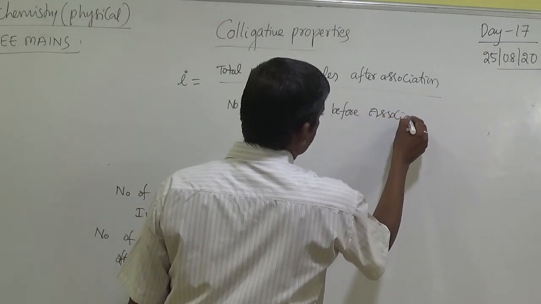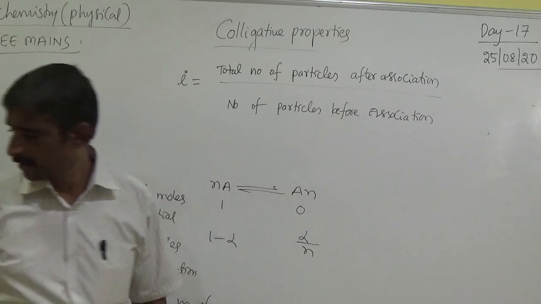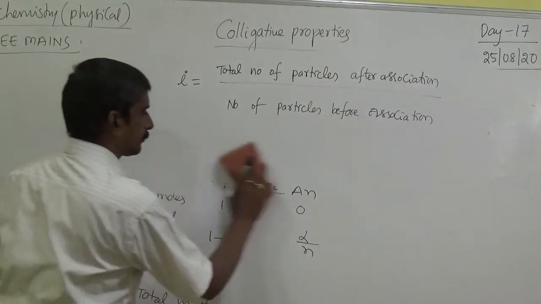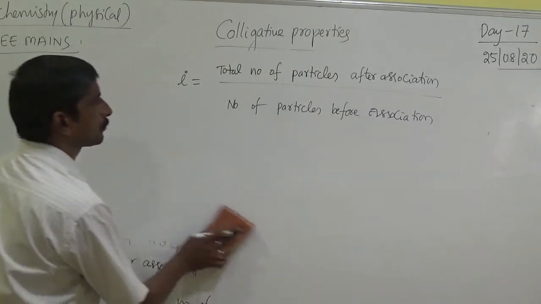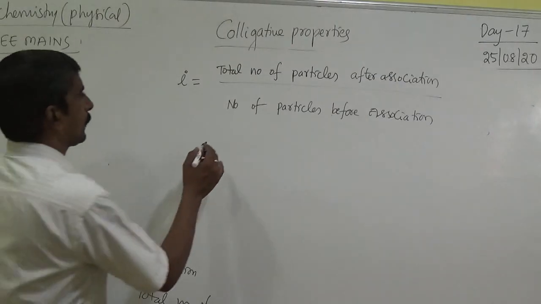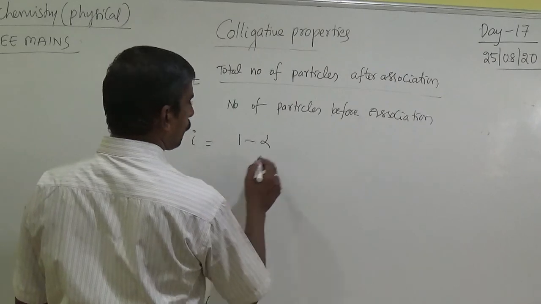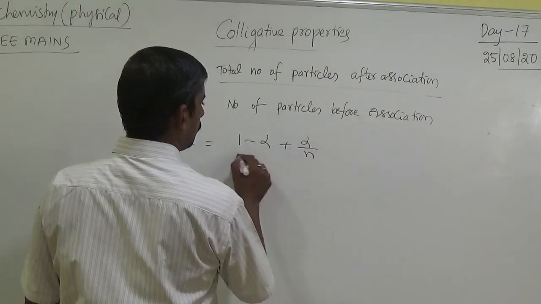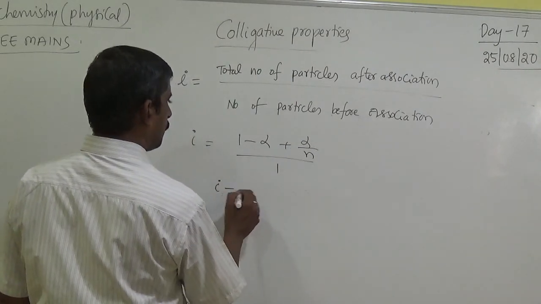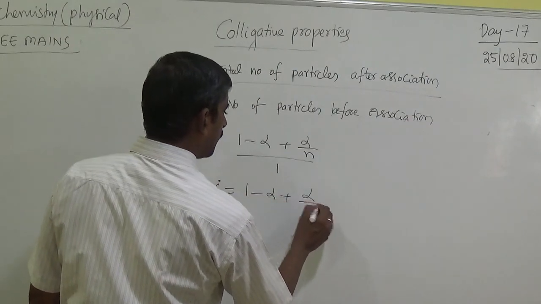Before association that is simply 1. So i equals 1 minus alpha plus alpha by n.